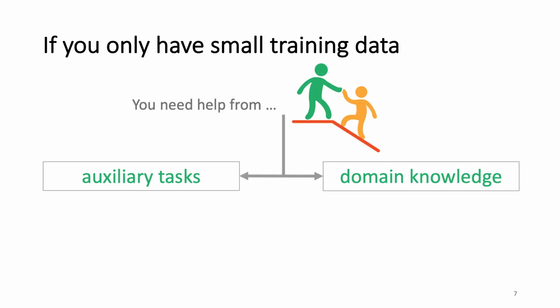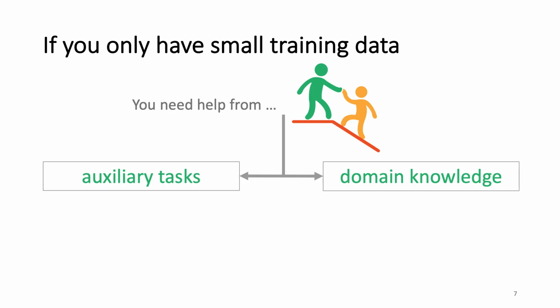So what if you only have small training data and you still want to use such data for your machine learning tasks? Typically there are two ways to get help. On one side, you can get help from auxiliary tasks, which are tasks that may be similar to your target tasks. And you can also get help from domain knowledge.